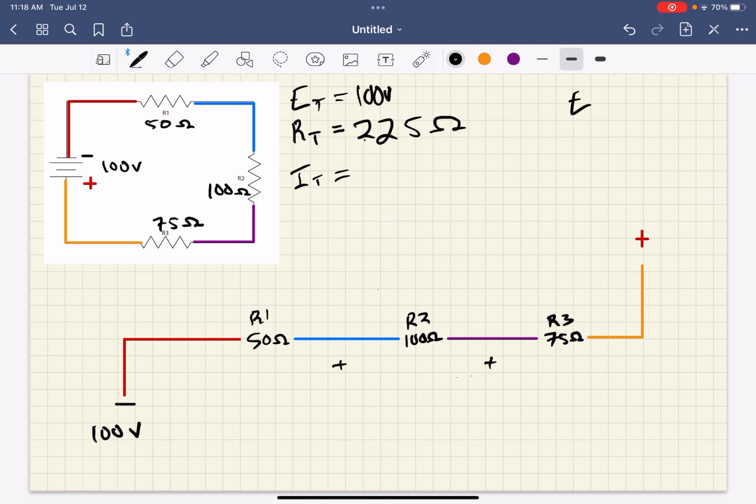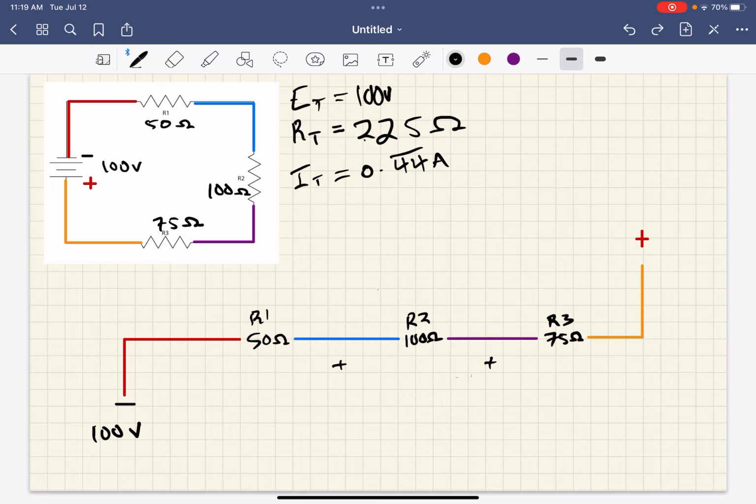That's just a simple first circle formula: E equals I times R, or if we're solving for I, I equals E over R. So that would be 100 volts over 225 ohms. I end up with 0.44 repeating amps.